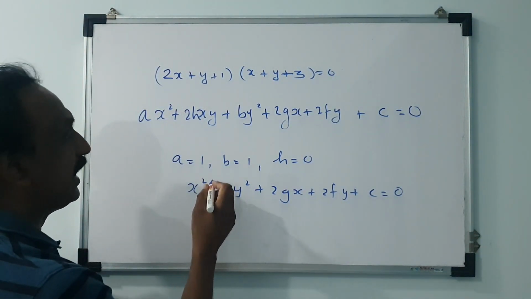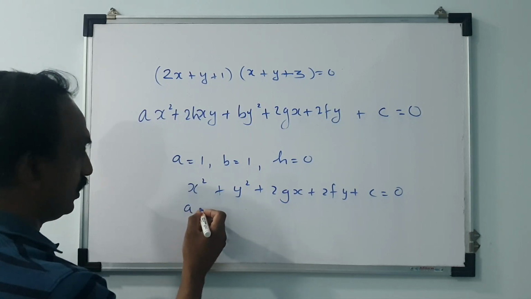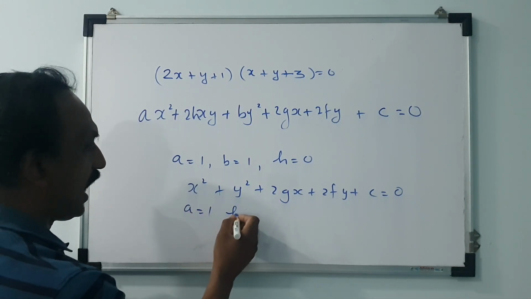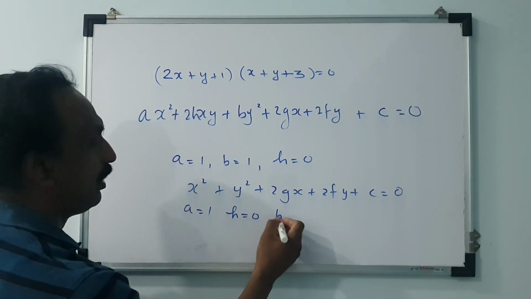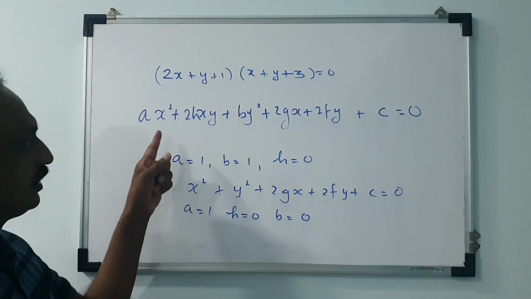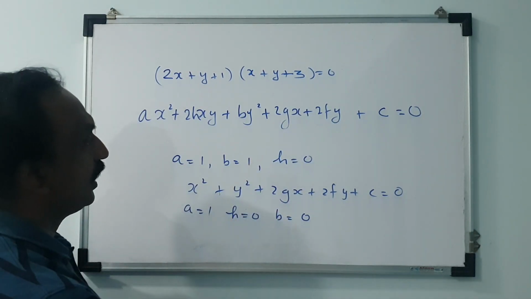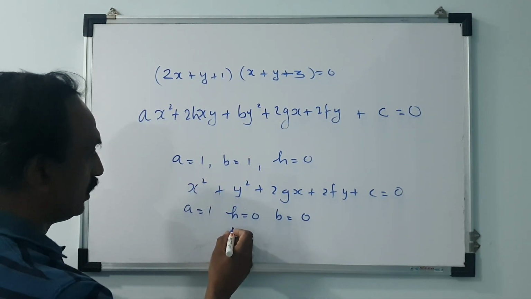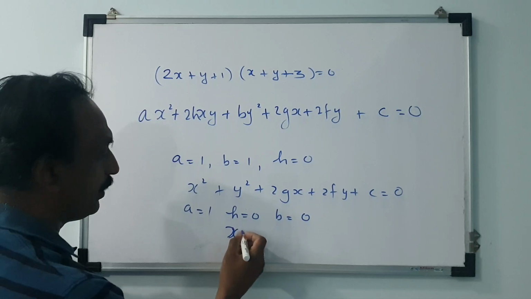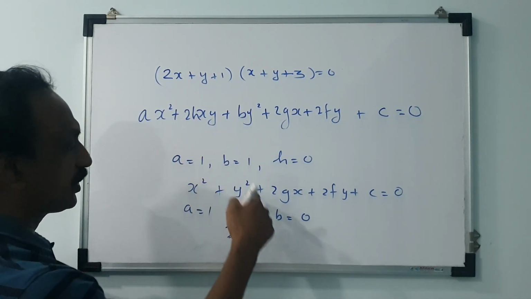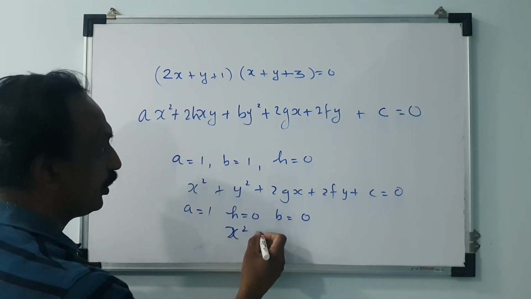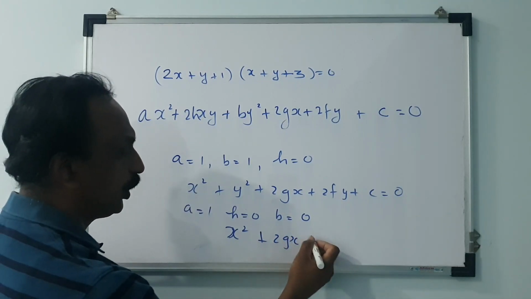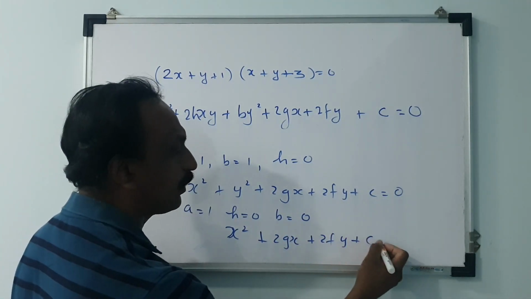Suppose we take a as 1, h as 0 and b as 0. This equation would turn into: a is 1, so the x squared term will be there, h is 0, b is 0, you will have 2gx, you will have 2fy plus c equal to 0.